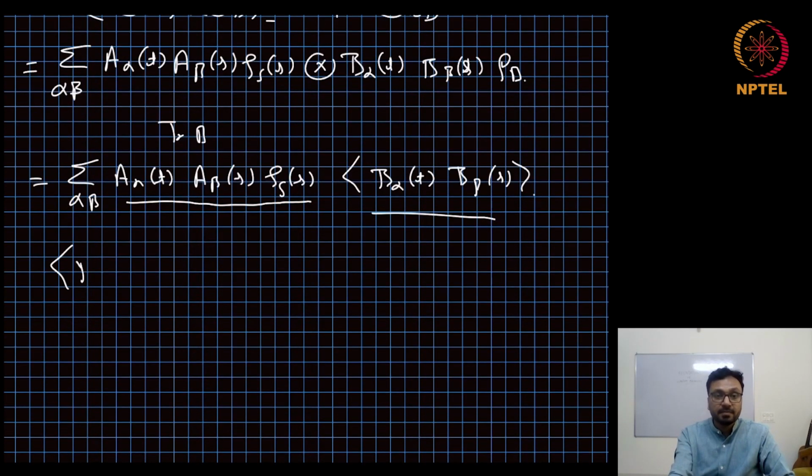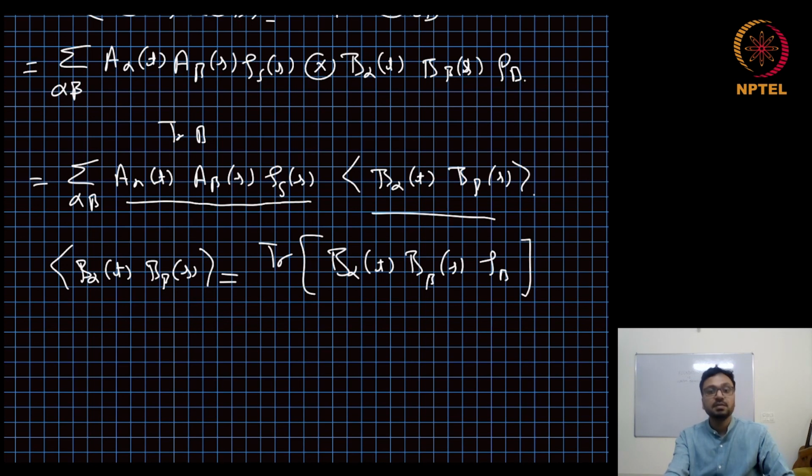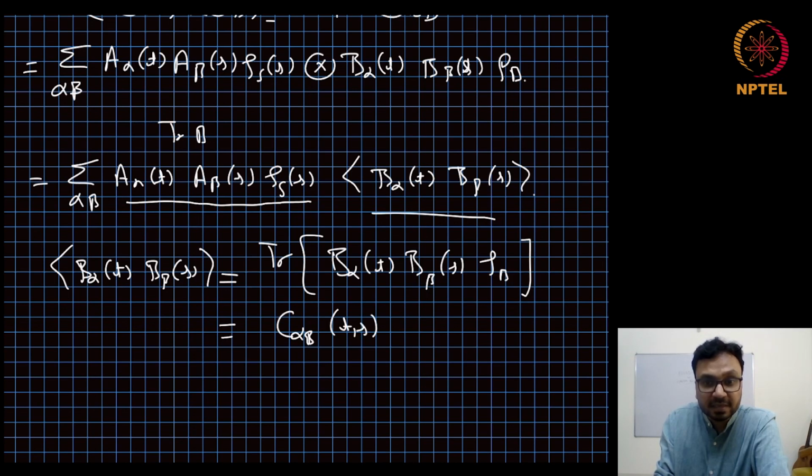So B alpha at t, B beta at s, which is trace of B alpha at t, B beta at s, and rho b. This is the 2-point correlation function of Bath operators at time t and s. And let us call them C alpha beta t s.